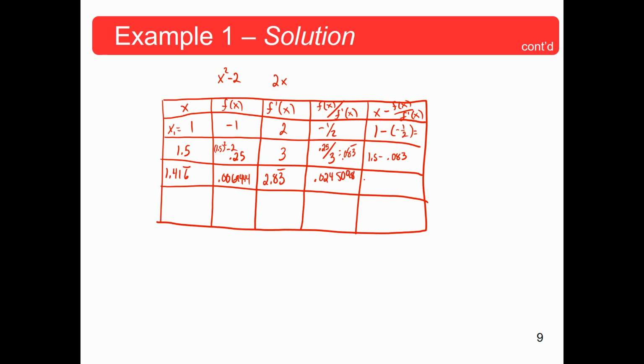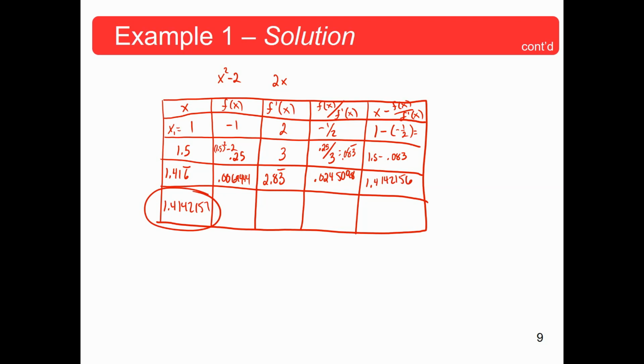So 1.416 minus 0.0024 gives me 1.414215, we'll call it 7. That's my third iteration. That's the solution that I'm looking for.